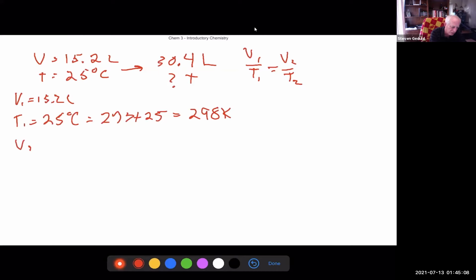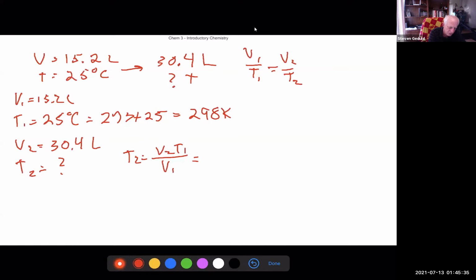And then V2 is equal to 30.4 liters. T2 is equal to, well, we don't know. So again, rearrange our equation. We've got T2 equals V2 T1 divided by V1. And plug your numbers in.